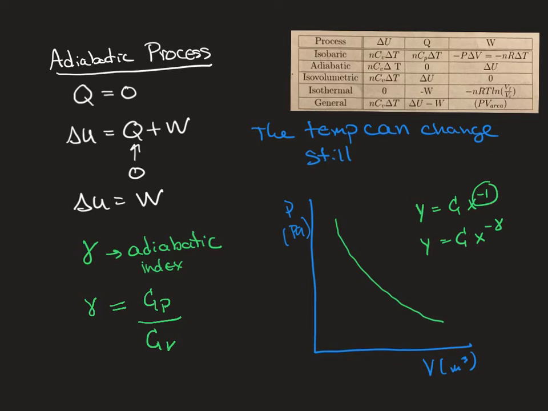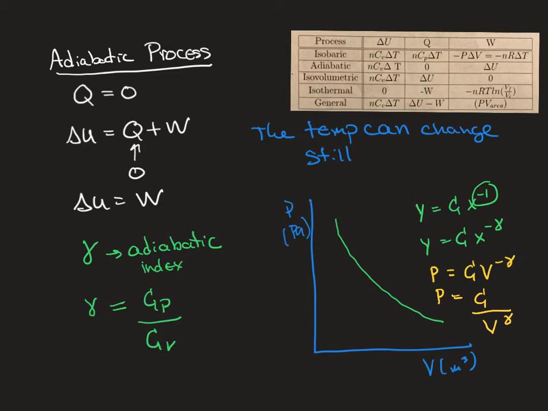Now if we take the relationship we have over on the side here, and we sub in the actual variables, y was pressure, this is going to still be some constant that we don't care about, volume to the negative gamma. Now I want to rearrange a little bit. The first thing I'm going to do is take pressure equals that constant and rewrite it as volume to the positive adiabatic index. A negative exponent multiplied is the same thing as divided by a positive exponent.